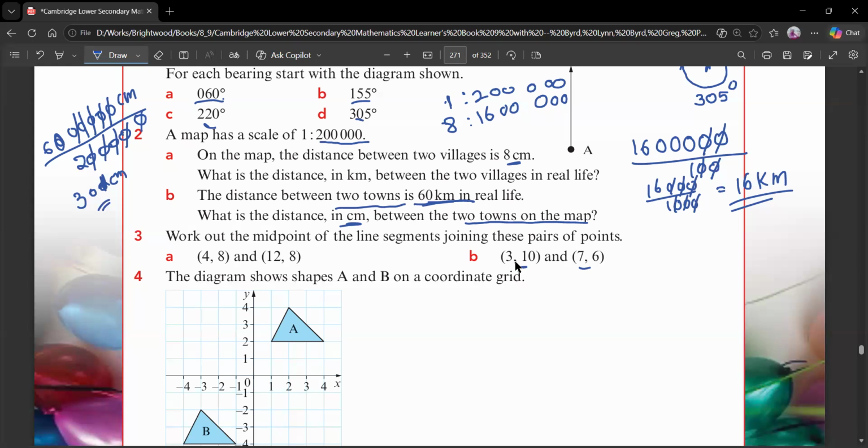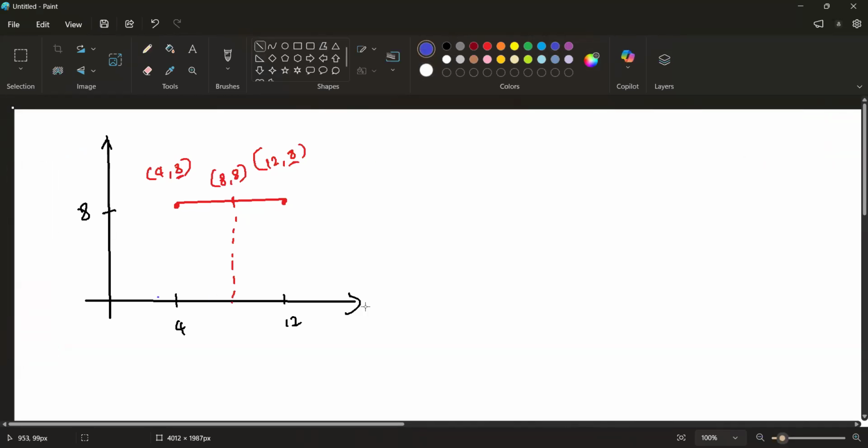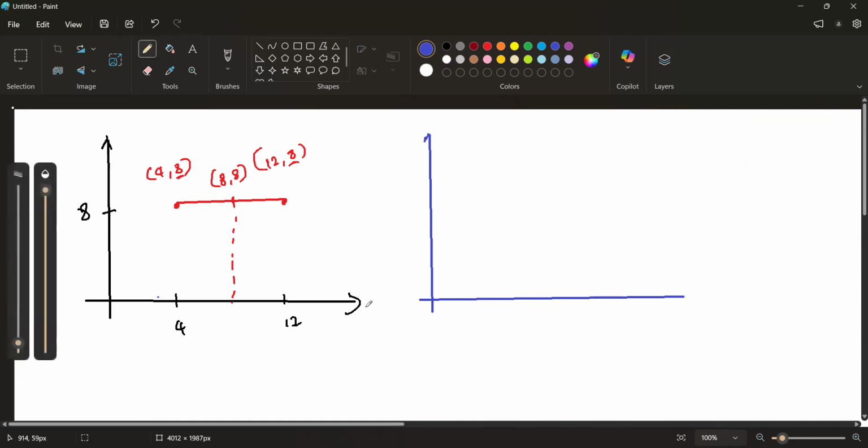If I draw with a separate color, one is 3, 10, the other one is 7, 6.